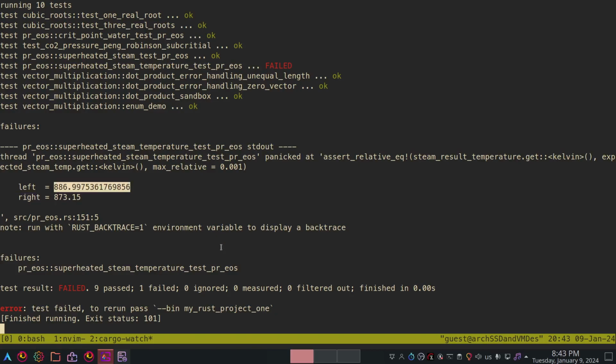Okay, so 886. Whether you have either temperature root, it gets you pretty close to this answer anyhow. I'm not entirely sure why, but that's just how this equation seems to be working.